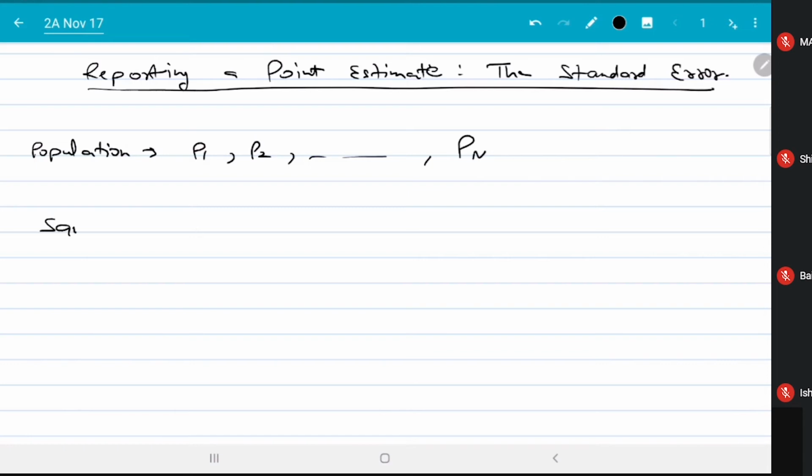And a sample denoted by x1, x2, all the way to x sub n, where the smaller case n is the sample size. You can have realizations: sample 1, sample 2, all the way down to sample m.